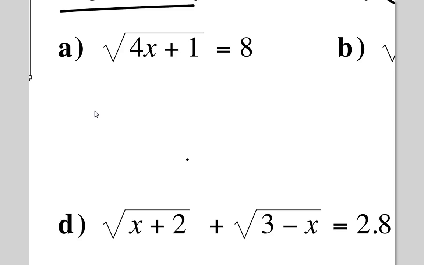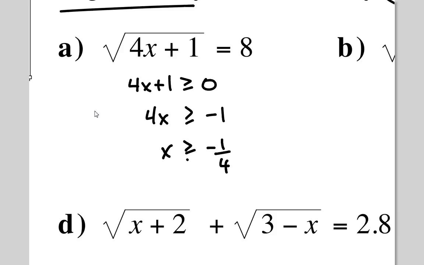So you say 4x plus 1 has to be 0 or bigger, so greater or equal to 0. And then it's just basic algebra. Move the 1 over, and then divide by 4. So x has to be greater or equal to negative a quarter.